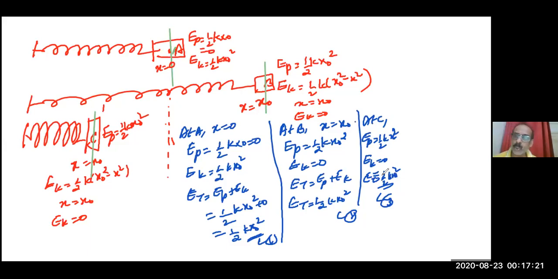The expressions 1, 2, and 3 show that the total energy during the oscillation of the spring remains constant. This proves the law of conservation of energy.